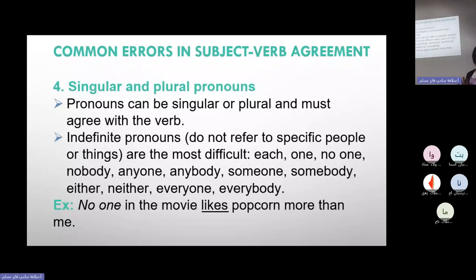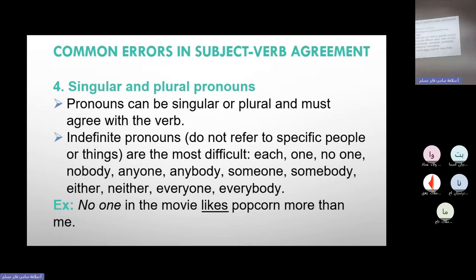The fourth and last, I think, point where people make mistakes is singular and plural pronouns, okay? Pronouns can be singular or plural and must agree with the verb. Indefinite pronouns do not refer to specific people or things.